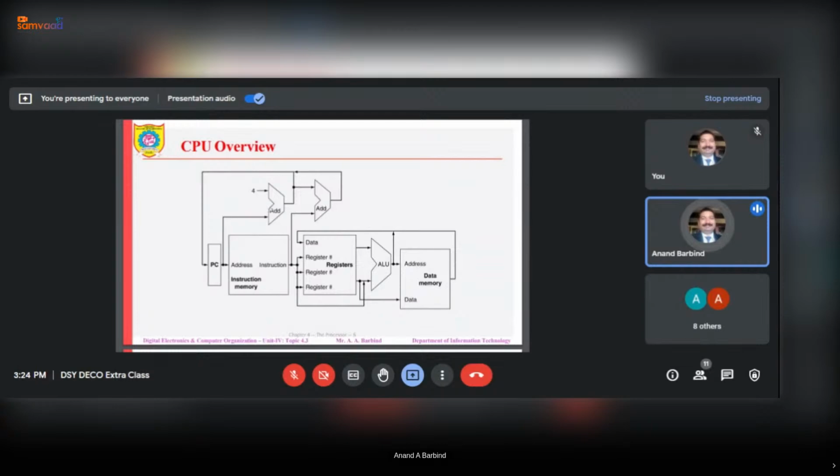The first adder is going to add just 4 to the contents of the current program counter, so that the address of the next instruction can be generated. But in case of the jump instruction or the branching instruction, the second adder comes into the picture, and that is going to calculate the address of the next instruction.